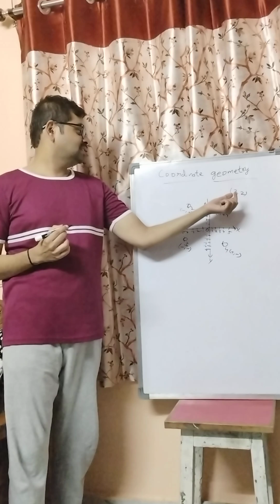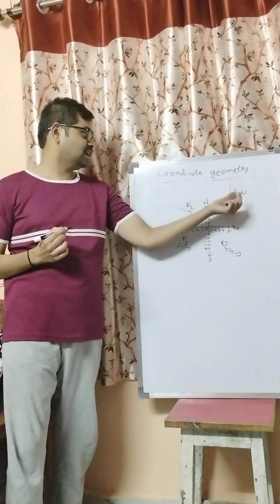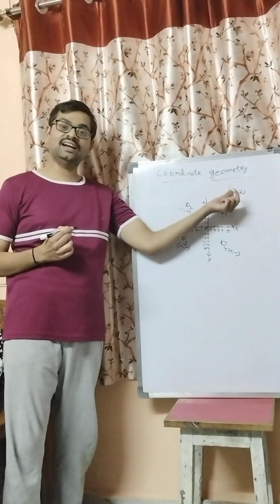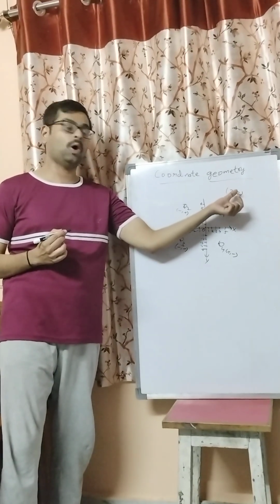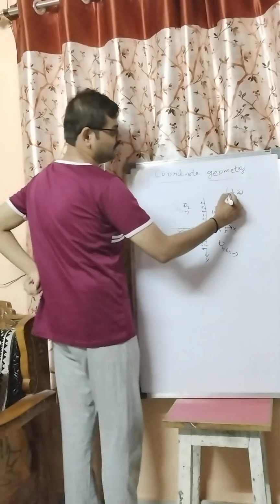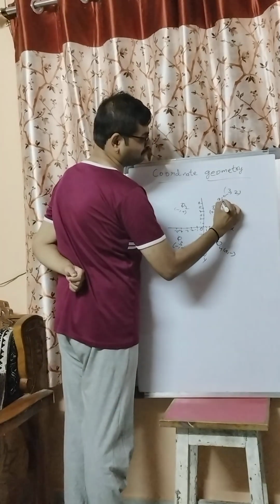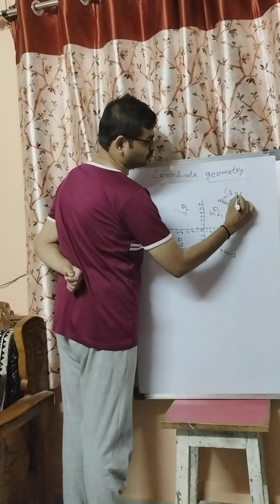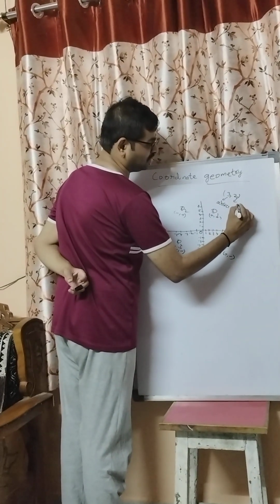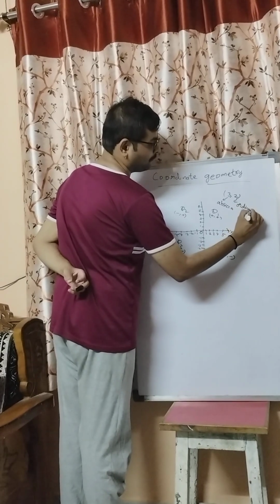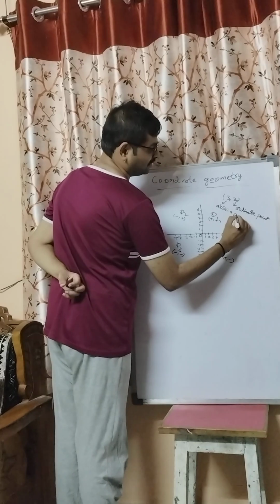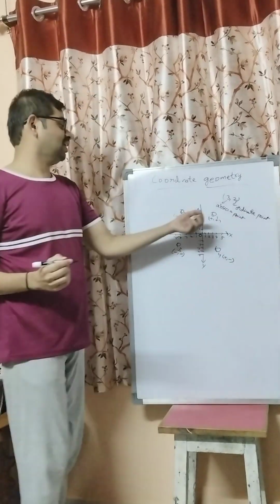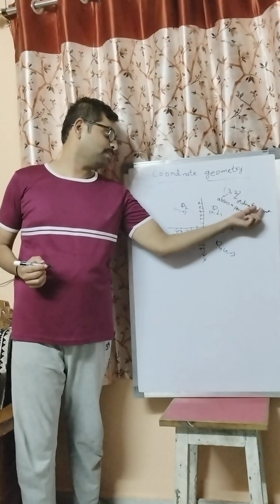This is the x ordinate and y ordinate. The x ordinate is called the abscissa and the y ordinate is called the ordinate. So 3 we call the abscissa and 2 we call the ordinate.